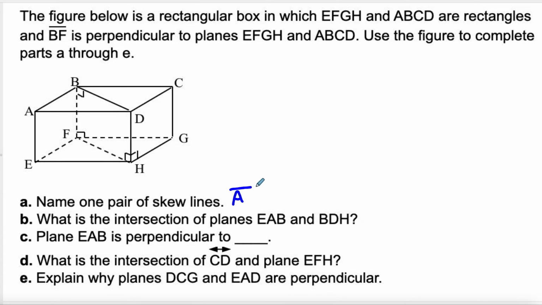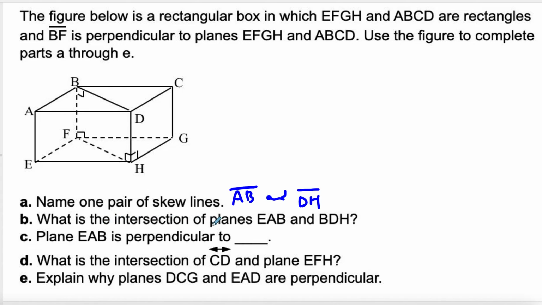So this is one example, AB and DH. Or CD and BF, CD and AE, and so on. There are so many pairs of skew lines, and I want you guys to think about another pair other than segment AB and DH.